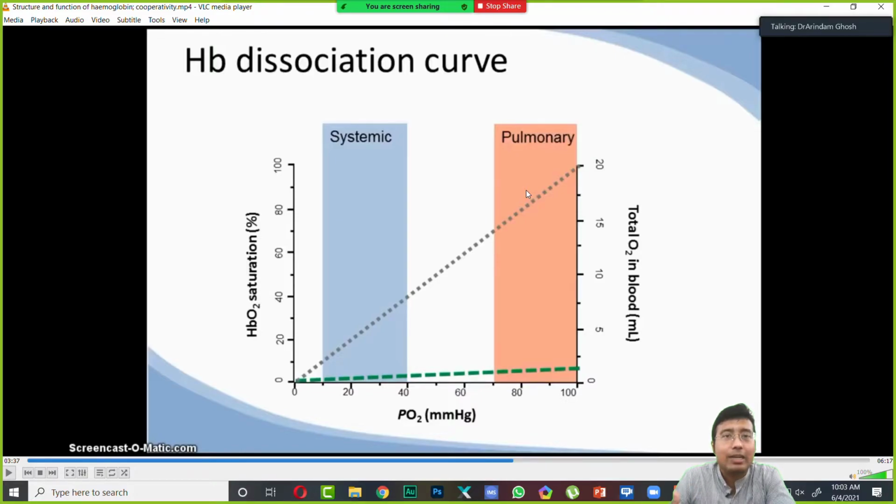If there was no cooperative binding, the hemoglobin would still be attached to the oxygen molecule. But in reality, what happens? We need the hemoglobin to be maximally saturated at the lung level so that it can pick up the maximum amount of oxygen. And we also need the hemoglobin to suddenly drop down whenever the oxygen saturation is getting low.